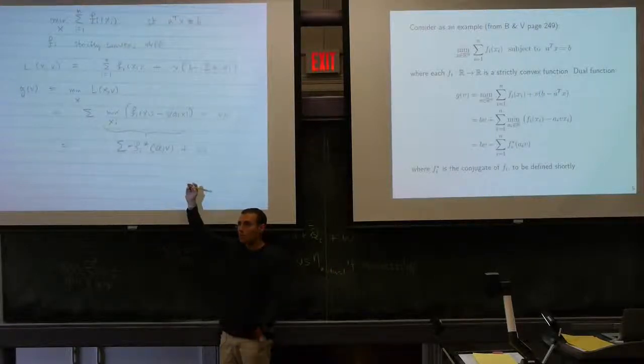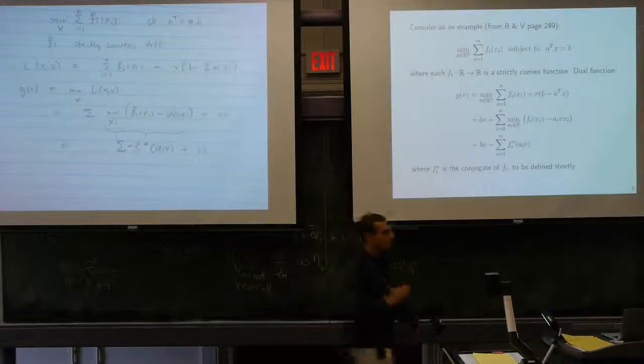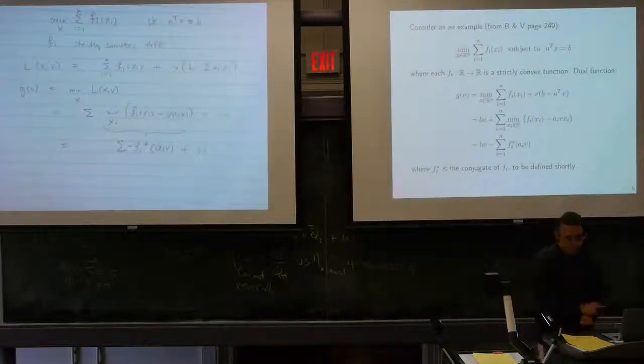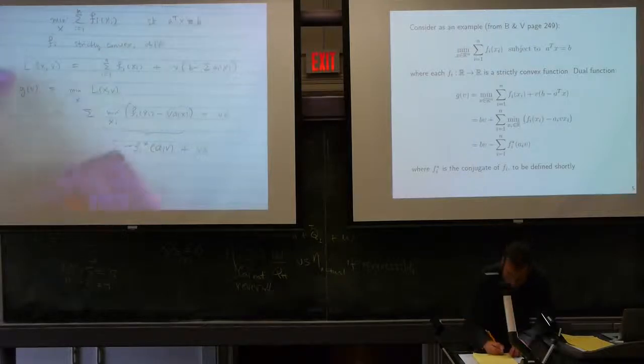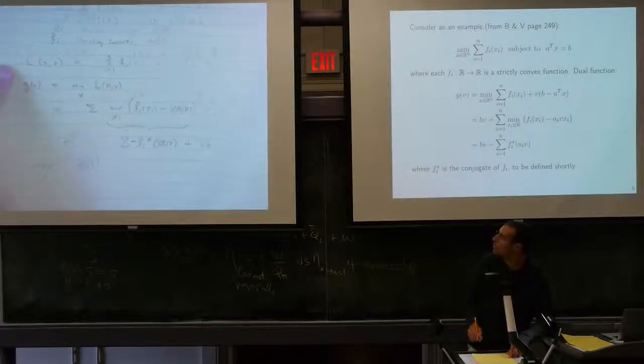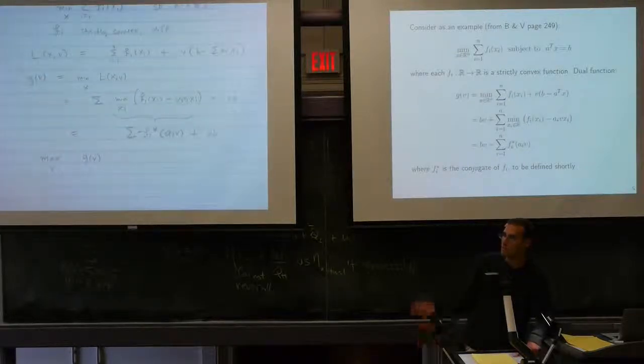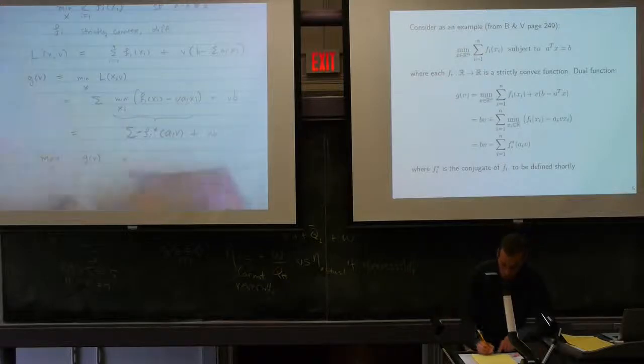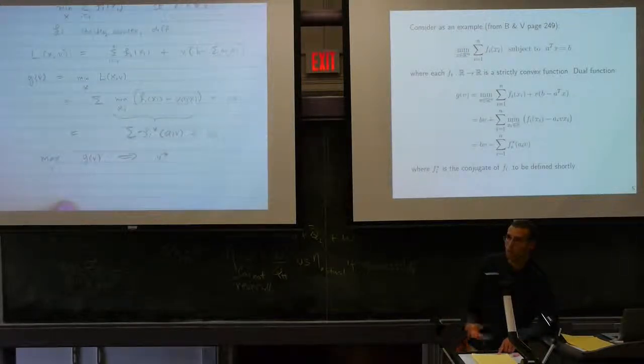It's just a problem in one variable v. Now let's suppose we were to solve this problem, maximize over all v of g of v, which is definitely an easier problem than the primal because it's just a problem in one variable. And we were to get v star from it. That would be pretty easy, like we said.